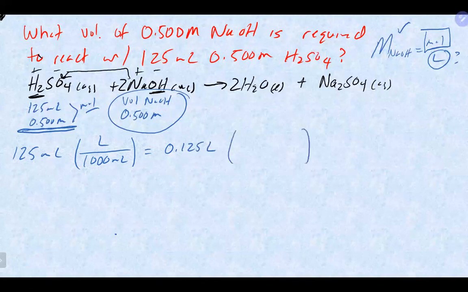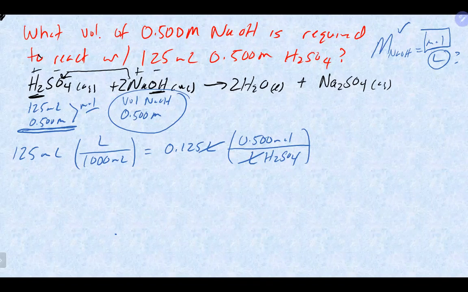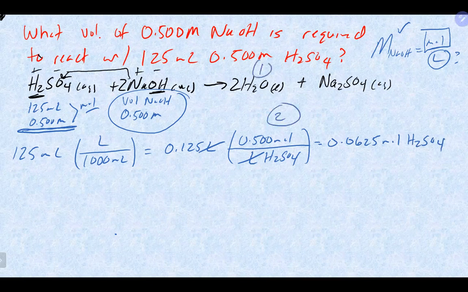Using the molarity with both units, 0.5 moles per liter of sulfuric acid, the liters will cancel, and we will end up with 0.0625 moles of sulfuric acid. That's basically our second step in stoichiometry.